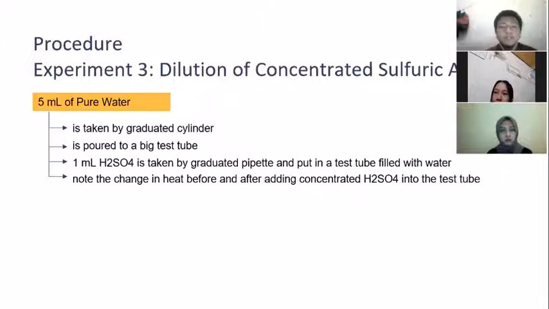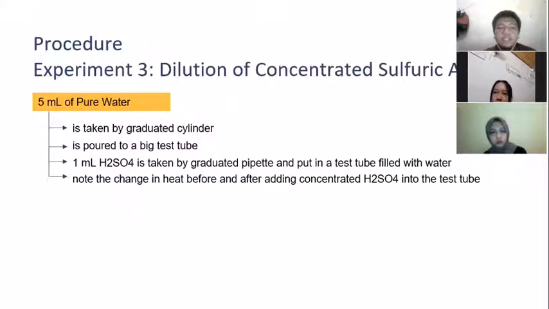Next, experiment 3, procedure for dilution of concentrated sulfuric acid. 5 milliliter of pure water is taken by graduated cylinder and poured into a big test tube. 1 milliliter sulfuric acid is taken by graduated pipette and put in the test tube filled with water.